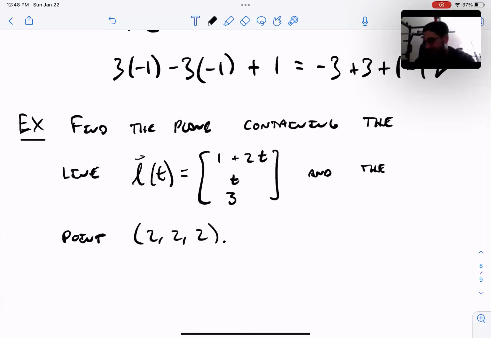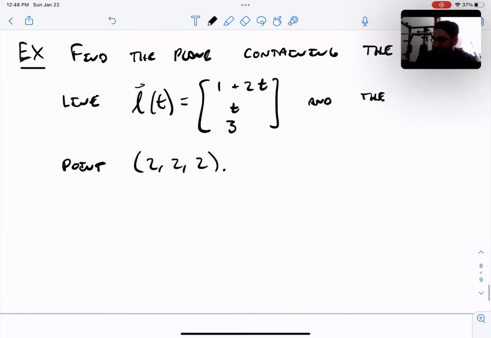Right, let's find this. So I have this line and this point, and I want the plane that contains them.